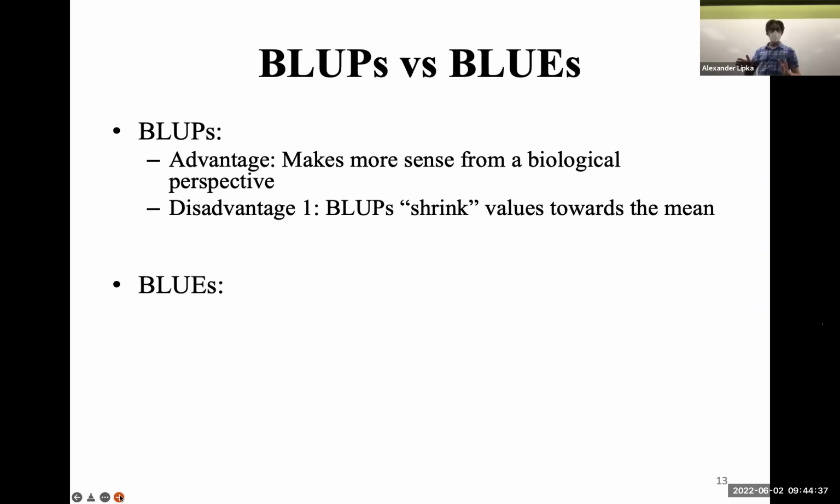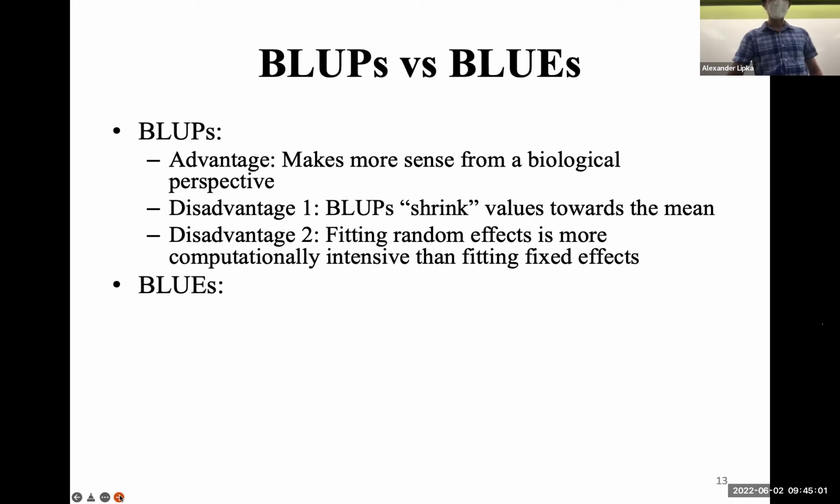A major disadvantage and a deal breaker for me sometimes is that a statistical property of BLUPs is that it shrinks your values towards the mean. So if you have a trait with not a lot of variability, you might get BLUPs that are all 0, and you can't do anything with that. If all the BLUPs are the same value, you cannot make any inferences.